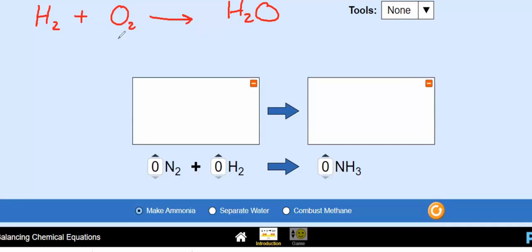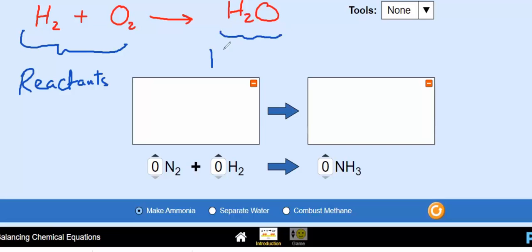This is water. Now, in any chemical equation, you have a left-hand side. The left-hand side represents what we call the reactants. Those are the reactants. And the right-hand side represents the products. In that case, here we have only one product, so product or products.